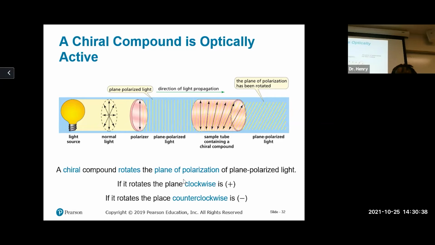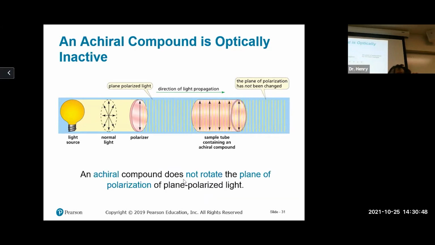This guy is optically active, meaning they're able to be moved. The R and the S with the plus and minus are able to be moved, where optically inactive means that we're not able to move them. It's all oriented the same way.